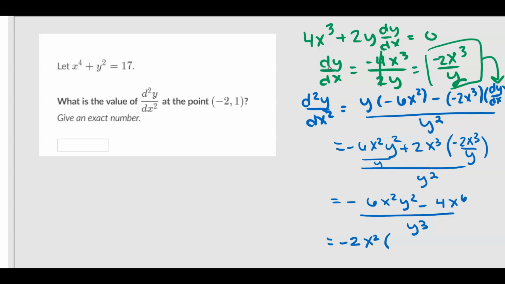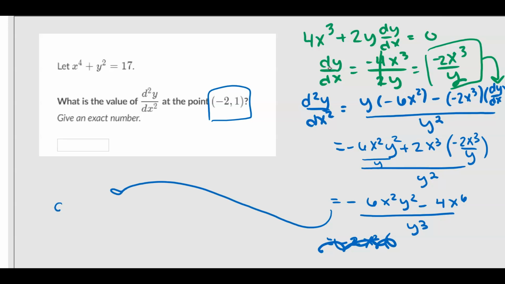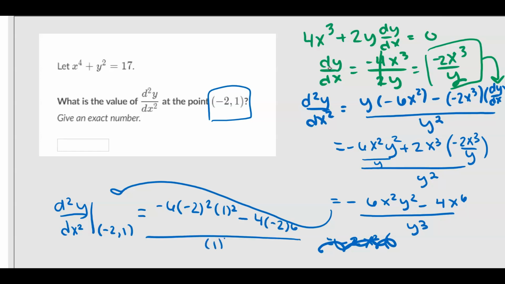And what that's going to do is leave me with, well, actually, it doesn't even matter because it wants me to find an answer at a point. So I can almost stop here and just plug in. So d2y dx squared at the point negative 2, 1 is really negative 6, negative 2 squared, 1 squared minus 4, negative 2, to the 6th, all over 1 cubed.